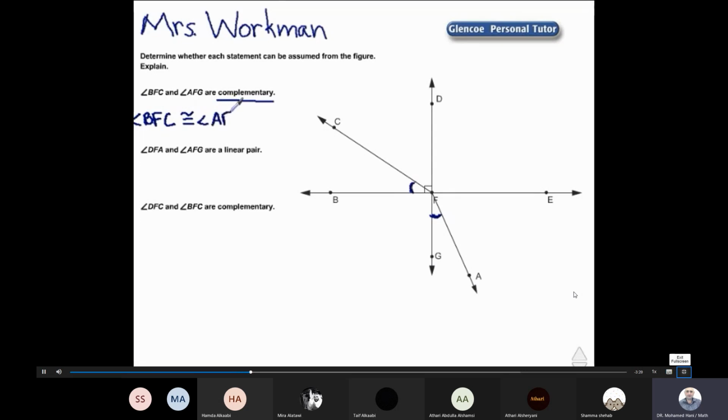And what that means, of course, is that their measures are equal. Problem is, I don't know what these measures are. They may add up to 90 degrees, but they could just as easily not add up to 90 degrees. So I cannot assume this statement from the given figure.